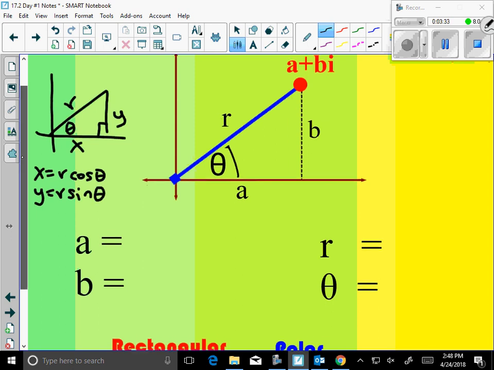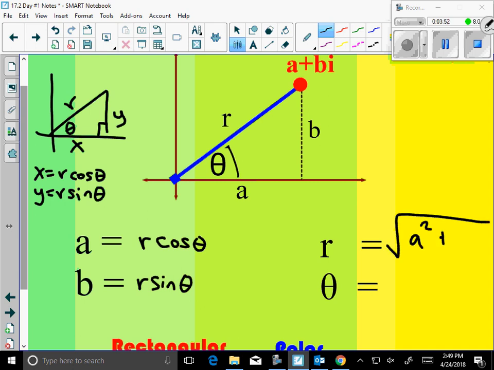So today in our diagram, x is going to be replaced by a, and y is going to be replaced by b. So what I would get is r cosine theta for a, and I get r sine theta for b. Okay, r is going to be calculated using the Pythagorean Theorem, using a and b now instead of x and y, and theta will be the inverse tangent of b over a instead of y over x.